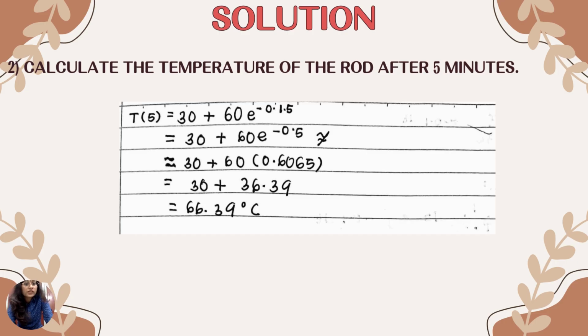So 60e to the power of negative 0.5, e to the negative 0.5 is 0.6065. So 60 times 0.6065 is 36.39. So 30 plus 36.39, we will get 66.39 degrees Celsius as the final answer.